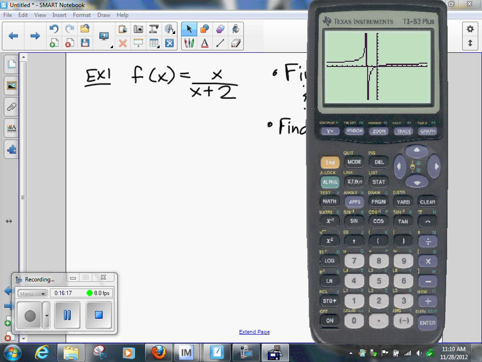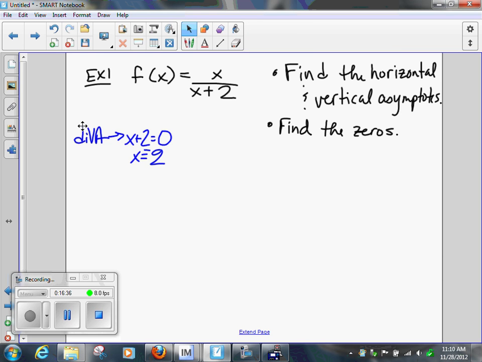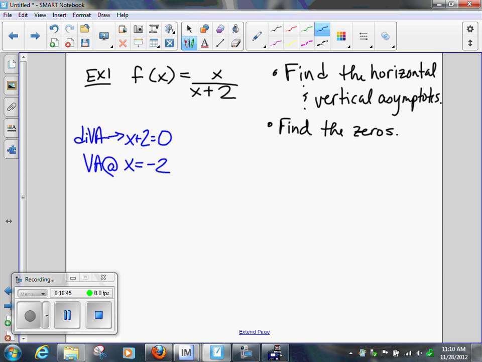But I do know that for me to find the vertical asymptote, I'm going to take the denominator, set it equal to 0, and it gives me x equals -2. Let me rewrite that. X equals -2. So that means my vertical asymptote is at x equals -2.